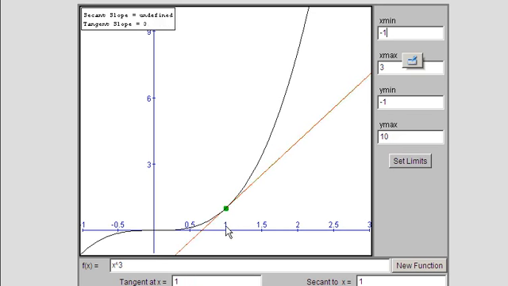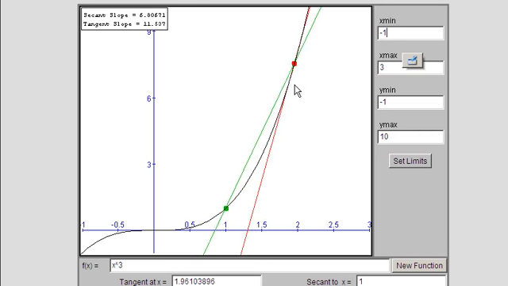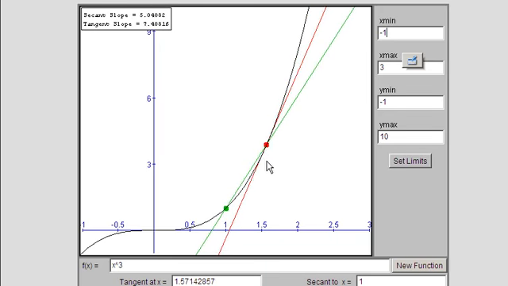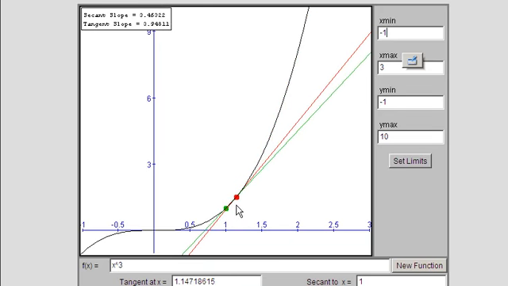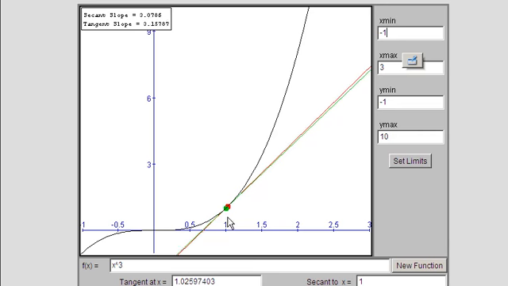Alright, so again, we started up here, and what's happening is that h value, remember, the h value was the distance here, that h value is getting smaller and smaller. So as h goes to 0, the secant line tends to the tangent line.